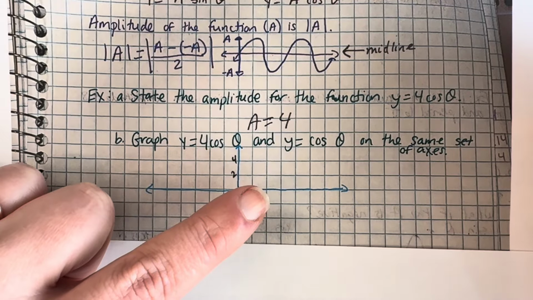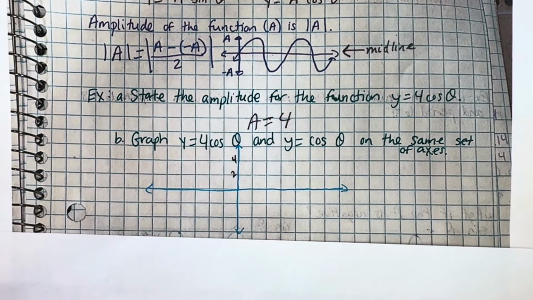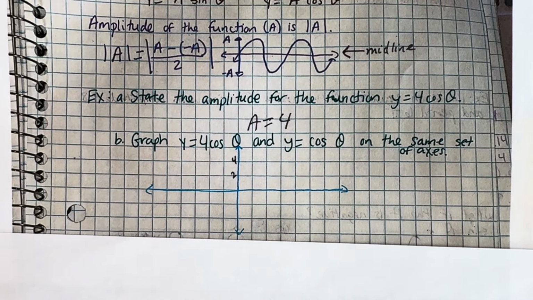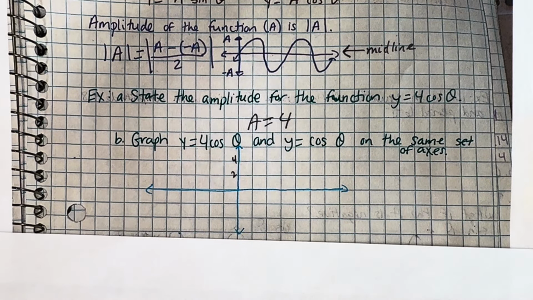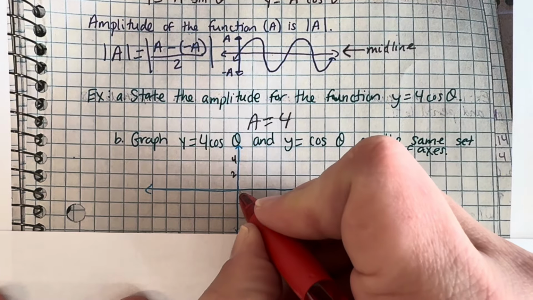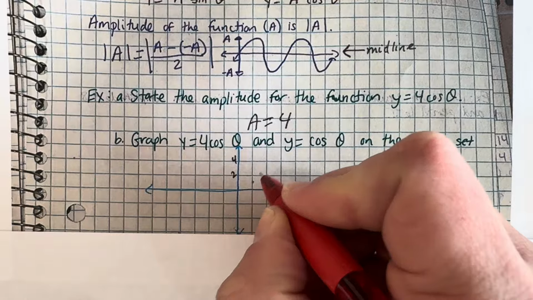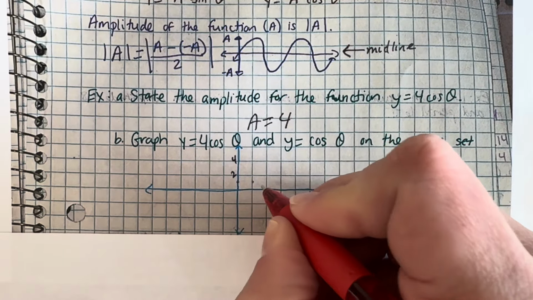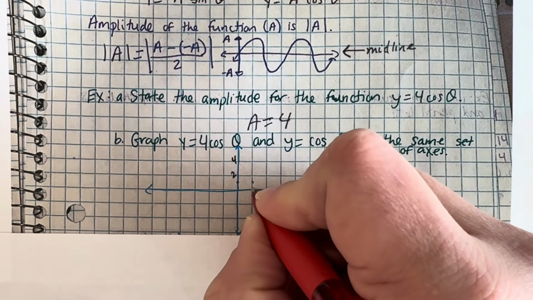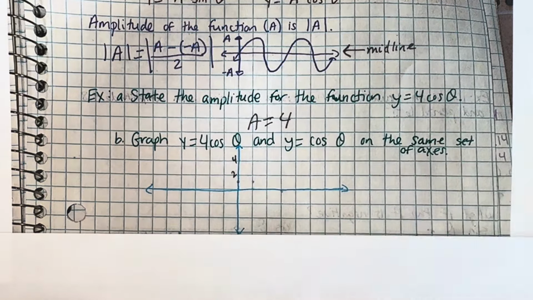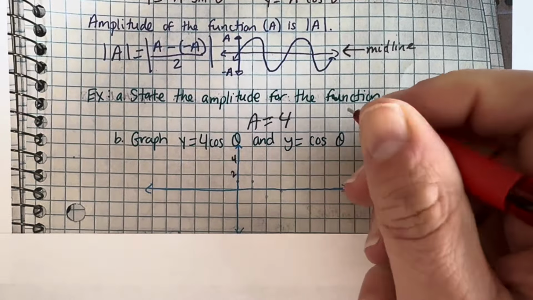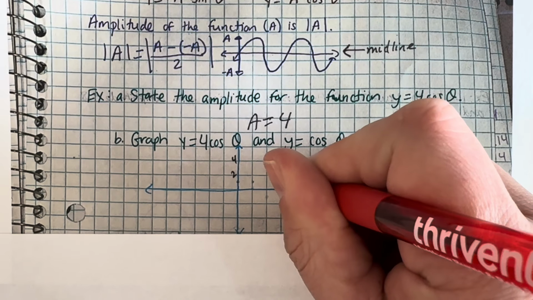Right, so if I do my regular cosine of x, let me go grab a pen to write on here for you. If I do my regular cosine, we're going to start up here at 0, and our cosine starts up, so it's going to go down, down, back up. Back to that halfway mark.